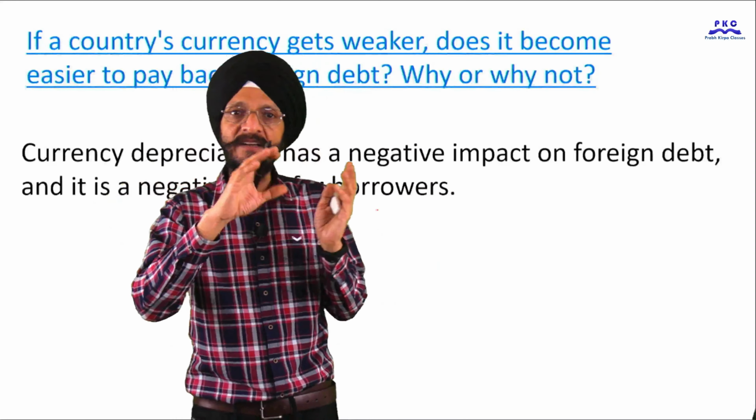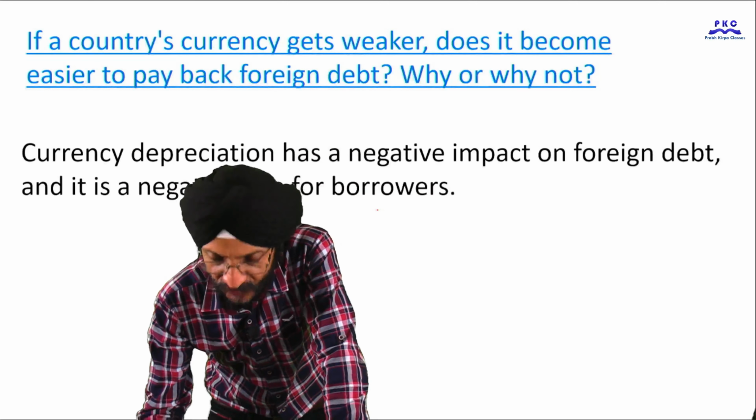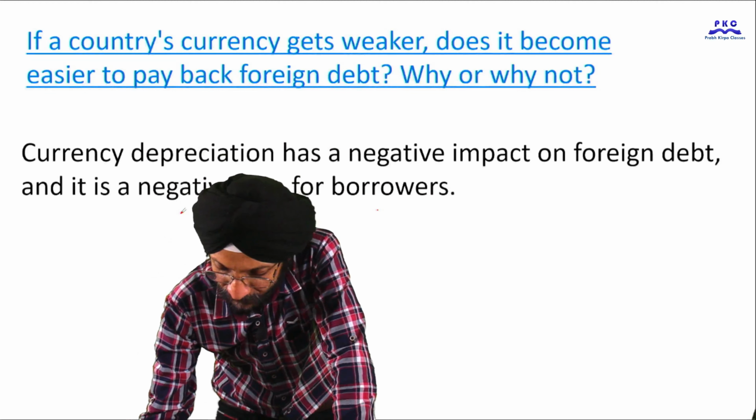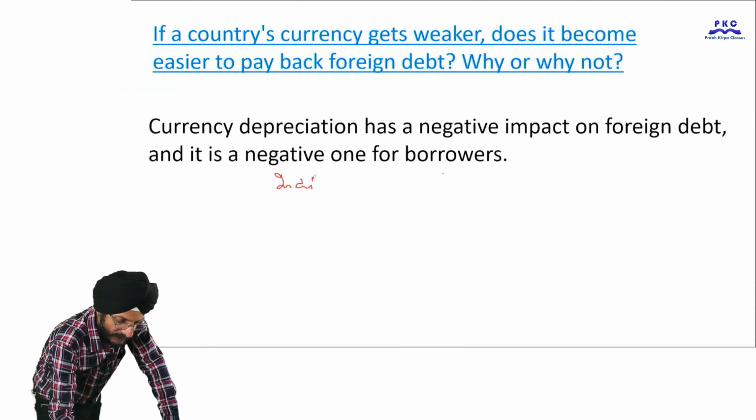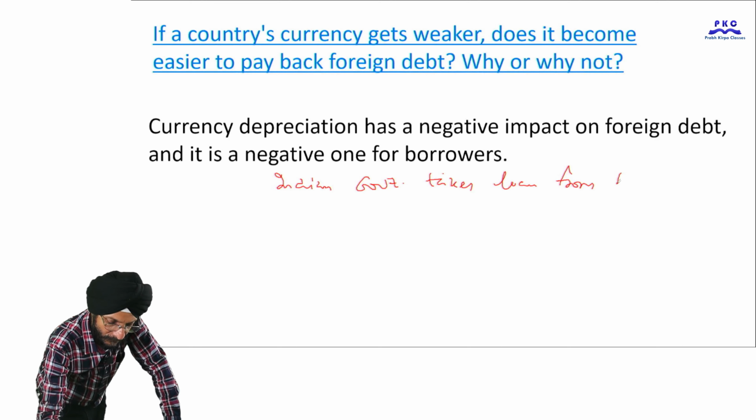Now we will understand what we are saying with the help of an example. We are living in India. Suppose the Indian government takes a loan from the US government.